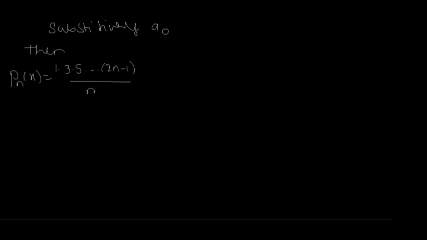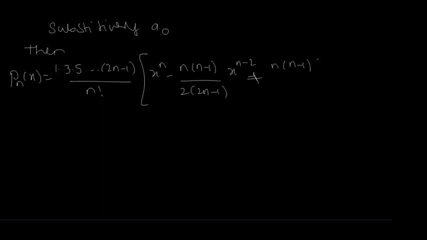Then we get, substituting a0, Pn of x is equal to 1·3·5 ... (2n minus 1) divided by n factorial, then x raised to n minus n(n-1) divided by 2(2n-1) x to the power n minus 2, then plus n(n-1)(n-2)(n-3) divided by 2·4(2n-1)(2n-3) x to the power n minus 4 and so on.